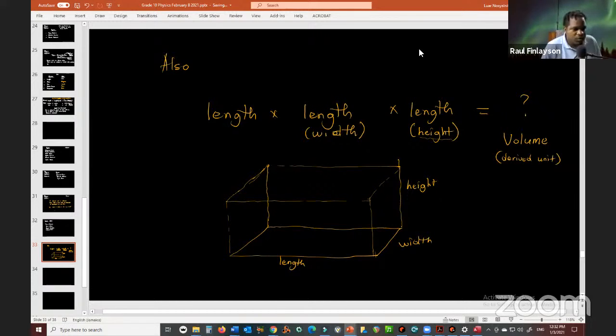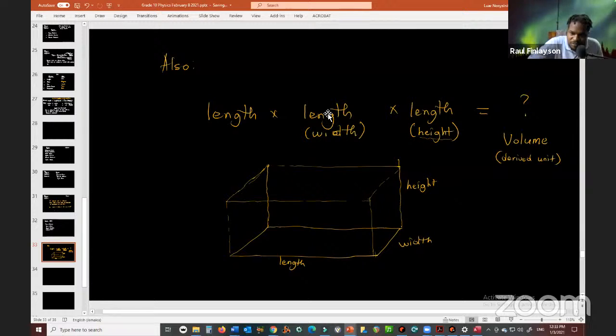All right. Any questions so far, guys? Another thing, you better make sure you know what volume is. Volume is length multiplied by itself.